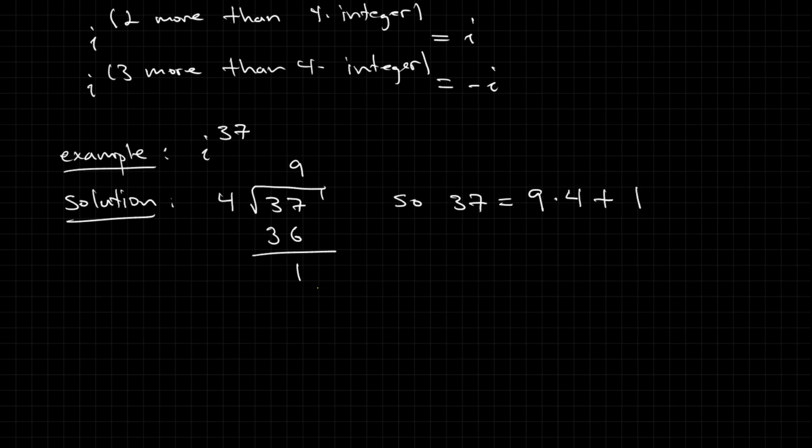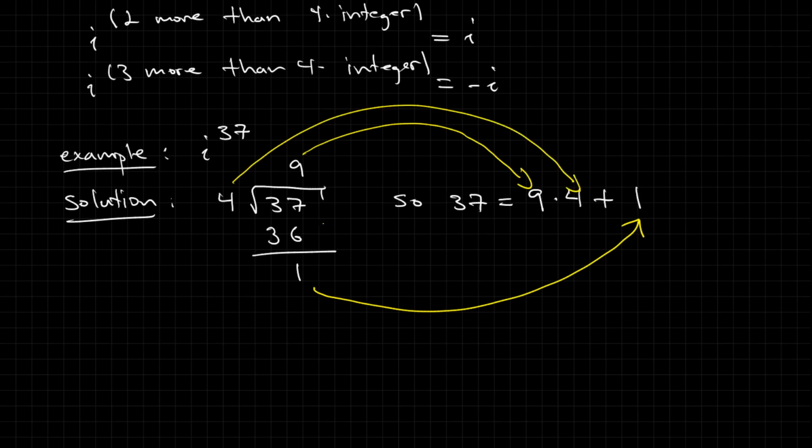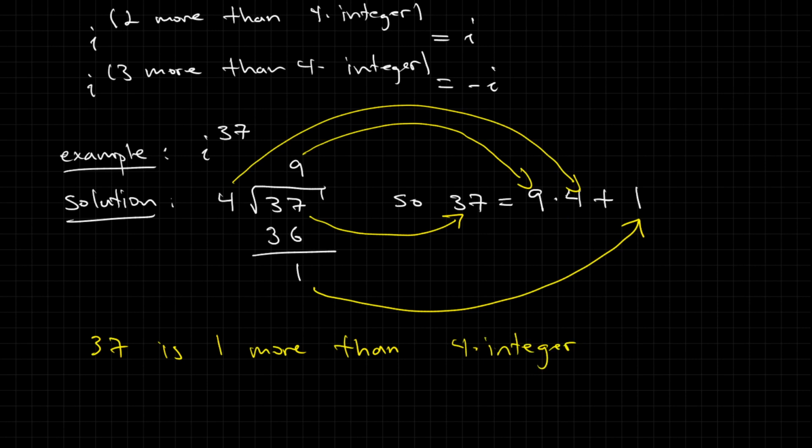So our remainder goes here, the result from the division goes there, 4 goes here, and 37 goes here. And what we see is that 37 is 1 more than 4 times an integer, specifically, it's 1 more than 4 times 9.